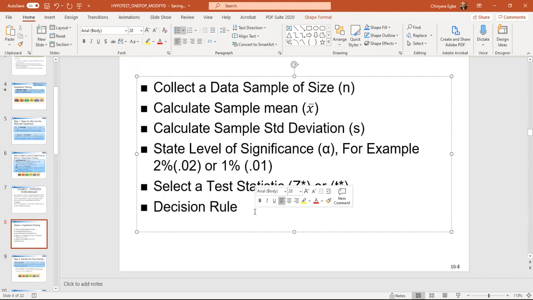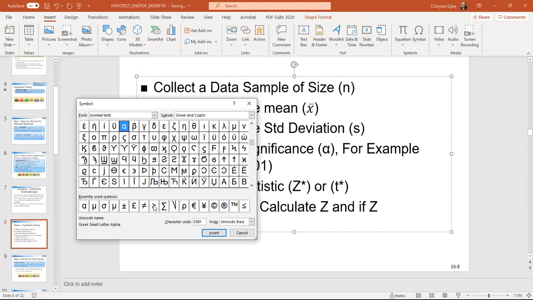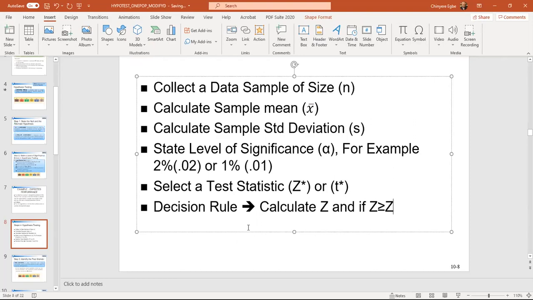The decision rule, which means we have to calculate Z, and if Z is greater than or equal to Z star, we reject the null hypothesis.